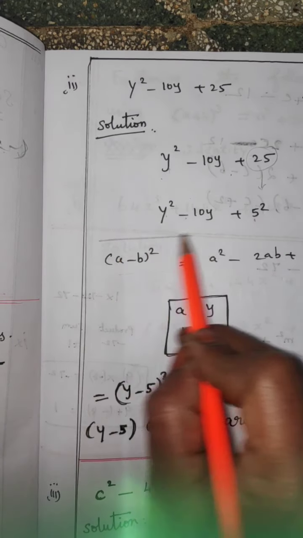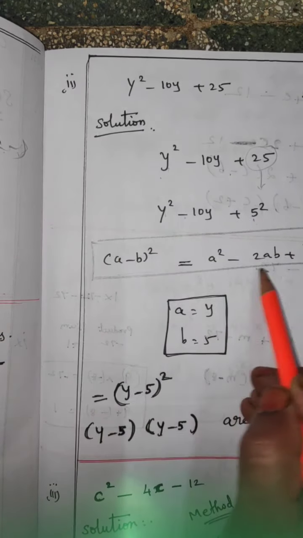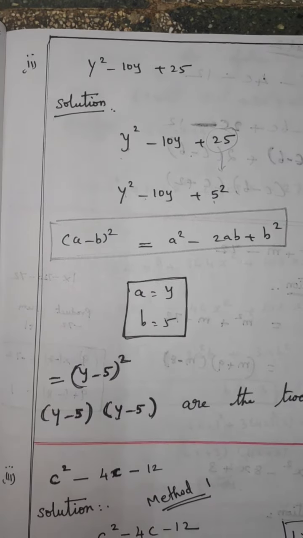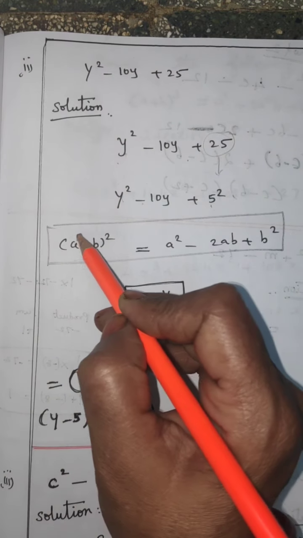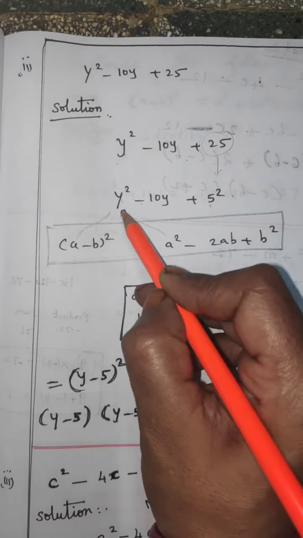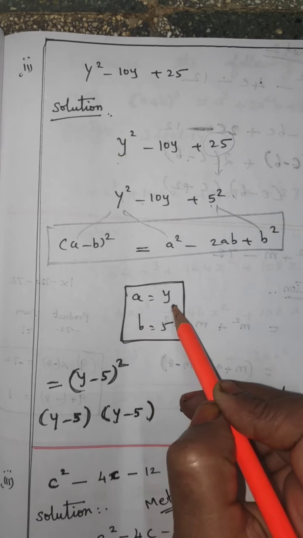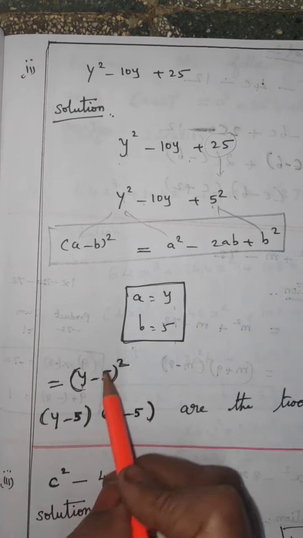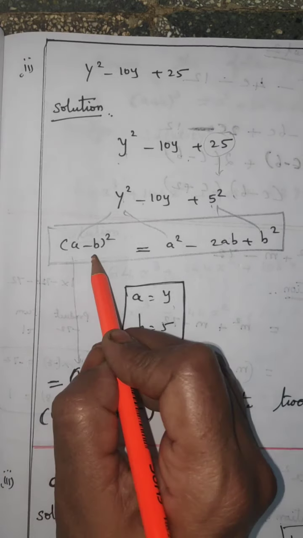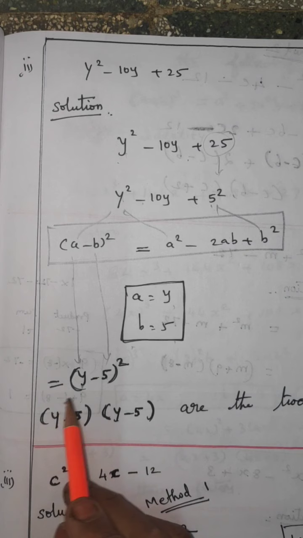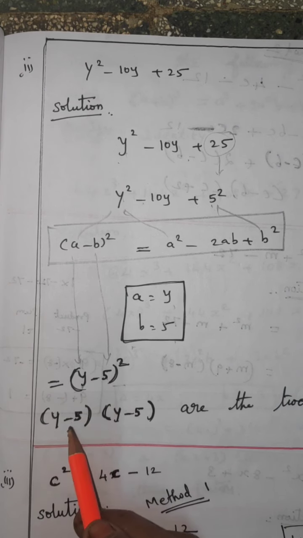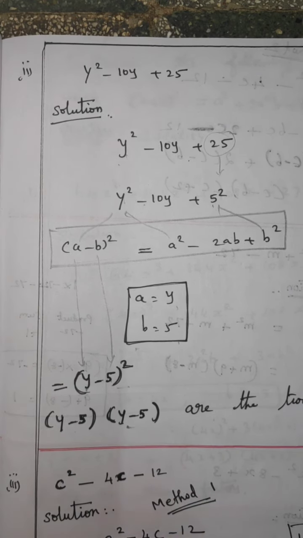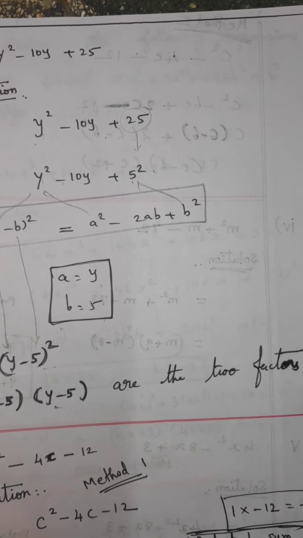Second identity: a minus b whole squared equals a squared minus 2ab plus b squared. Now a is y, b is 5. So a equals y, b equals 5. So y minus 5 whole squared, and y minus 5 are the two factors. These two sums are also very easy.